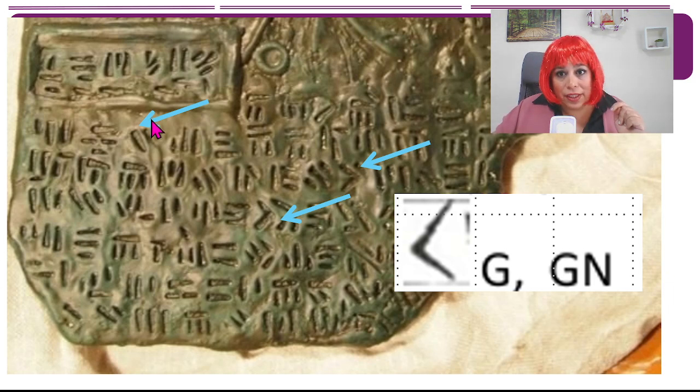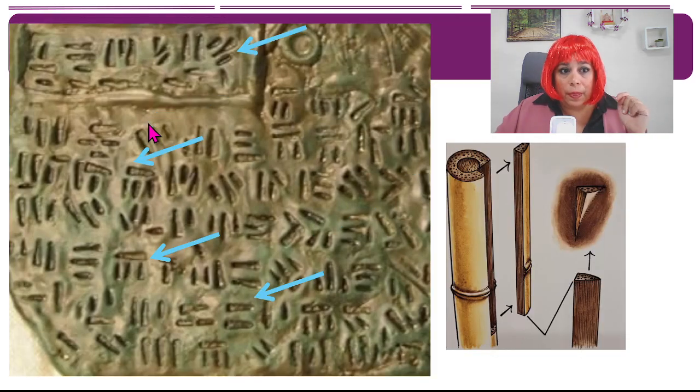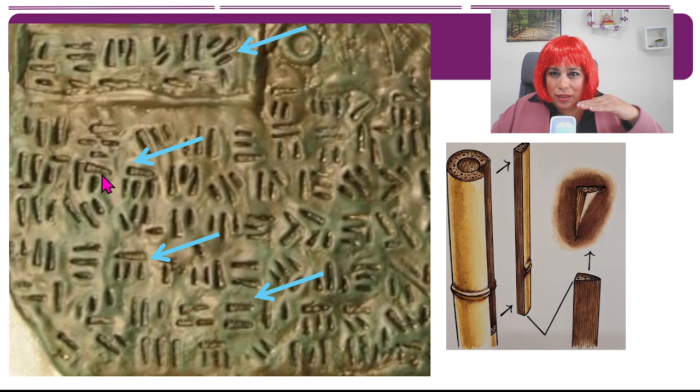And here, for example, the cuneiform is written with a wedge. So the widest part of the wedge also tells you the writing direction. For example, here is the widest part. Here is the widest part. So it's like it's writing in this direction. But if you continue reading below, it's writing in another direction.